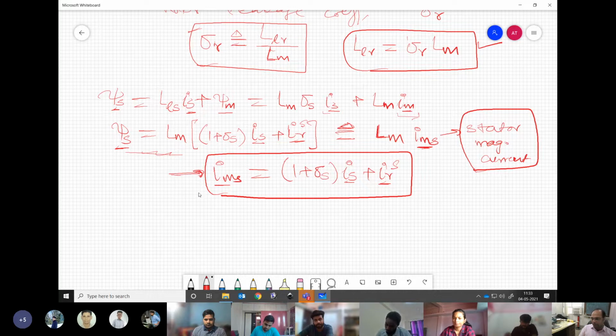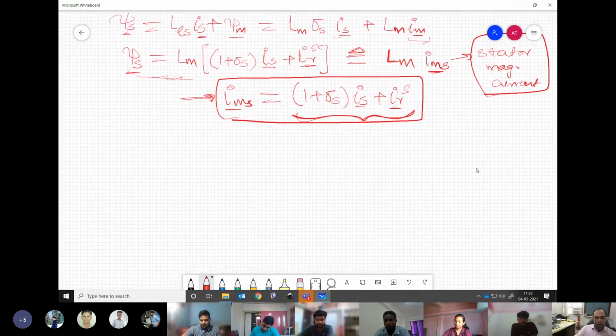It is not an actual current, which we are defining for our convenience, so that it can be represented in terms of the rotor and stator currents like this. Understanding my point? Yes, sir. So far we are only defining things. We are not doing anything in the modeling. We are only defining terms, and these will be very, very useful when we go for modeling.